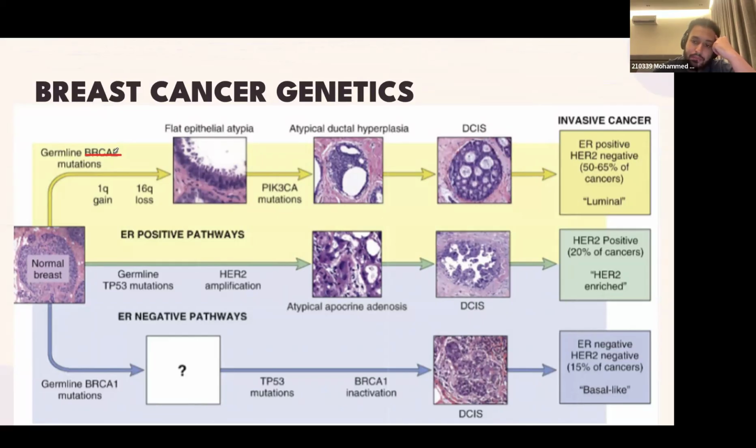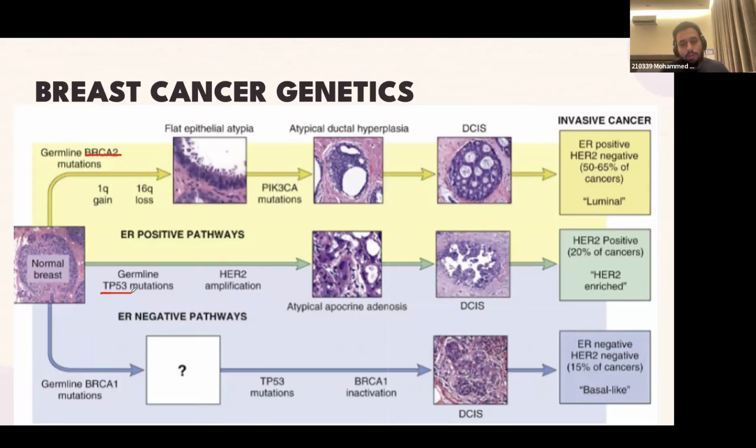Usually positive. How about HER2? Negative. Good. If they have a P53 mutation, which marker will be positive? HER2 positive. Good. If they have a BRCA1 mutation, both negative, or triple negative.